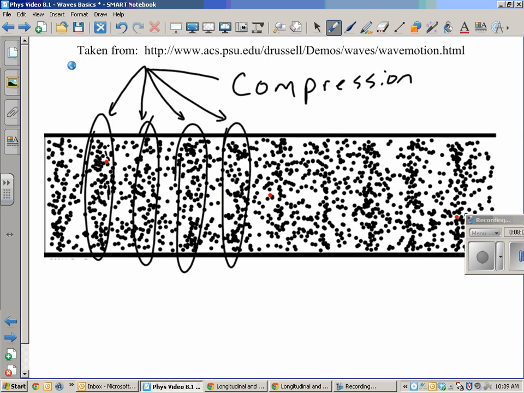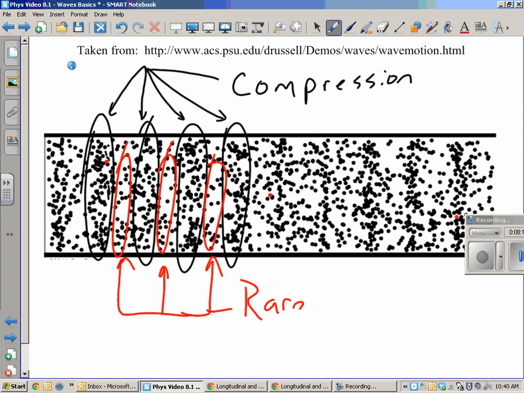There are also these other spaces where the particles are farther apart. And those are called, and this is a weird word, the spaces where the particles are farther apart are called a rarefaction. Rarefaction. And those are caused just by the particles vibrating back and forth.